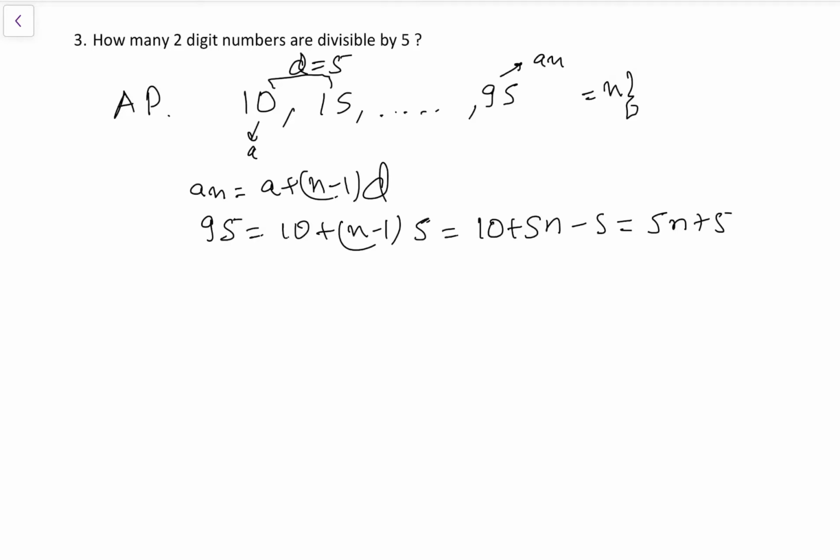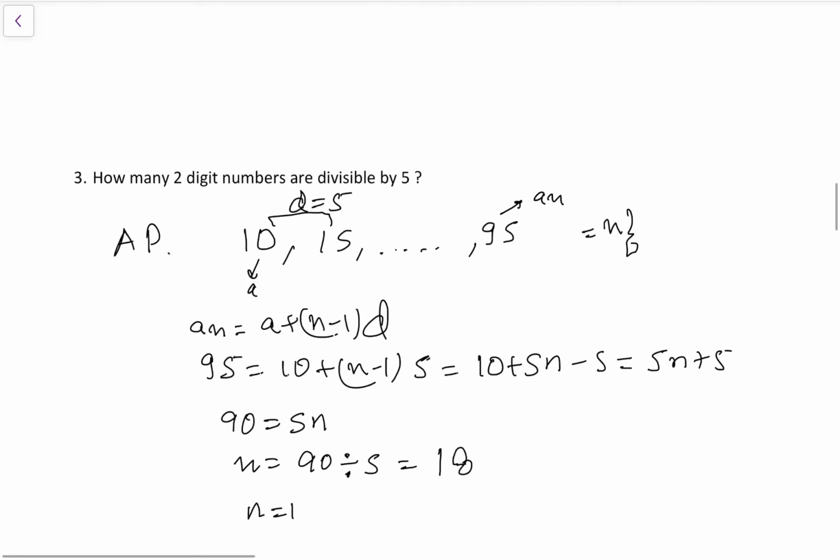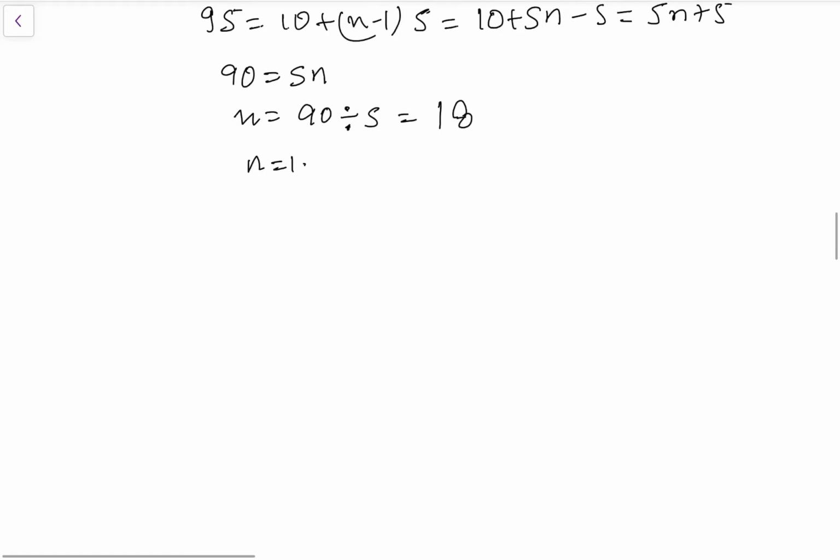So if we take 5 to the left side, it will become 90 is equal to 5n. So n will become 90 divided by 5, which is 18. So there are a total of 18 terms between 10 and 100 which are divisible by 5.